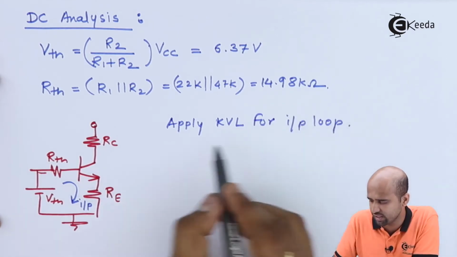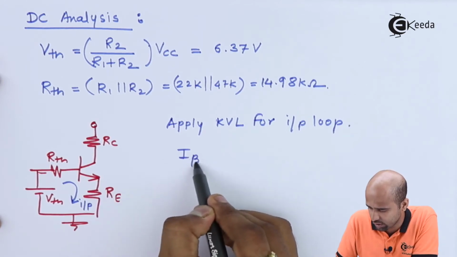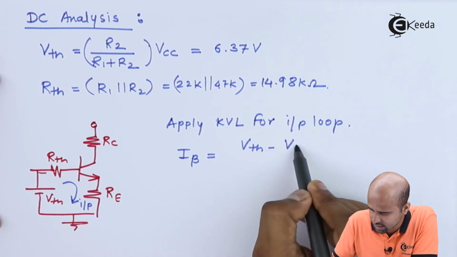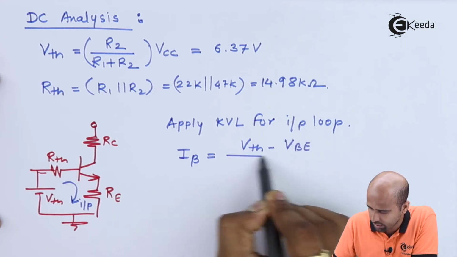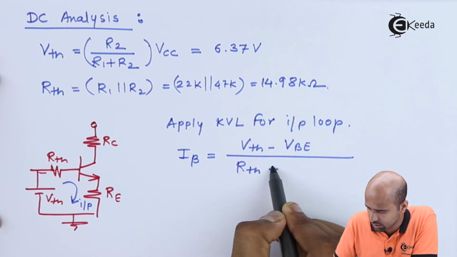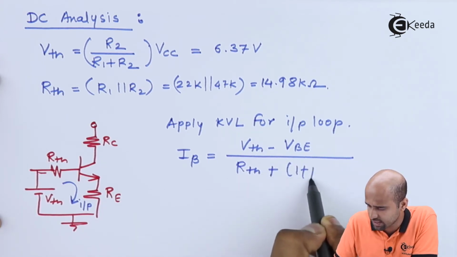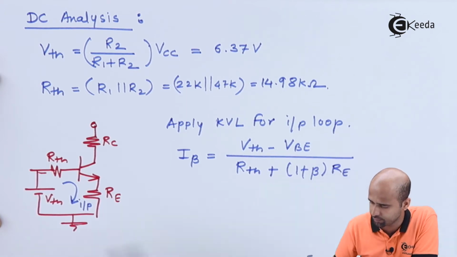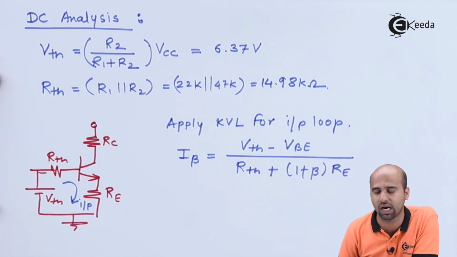We'll write this equation and directly calculate the value of IB in the form of VTH minus VBE divided by RTH plus 1 plus beta times RE. The value of beta is given, which is 100.